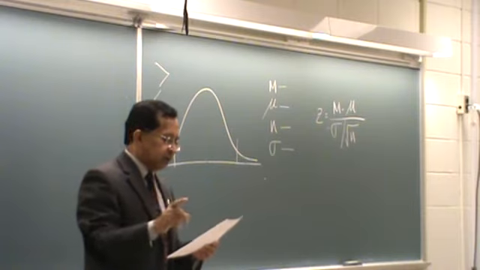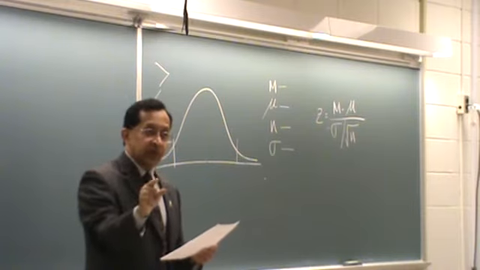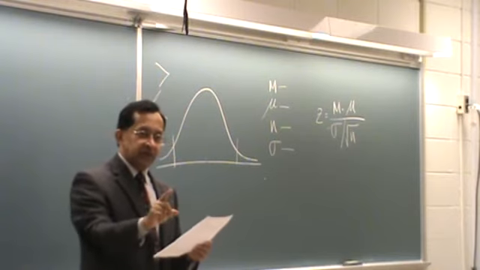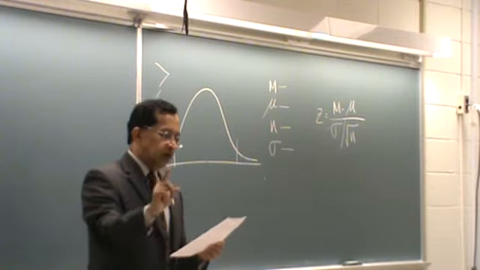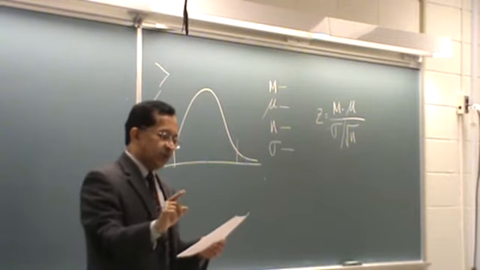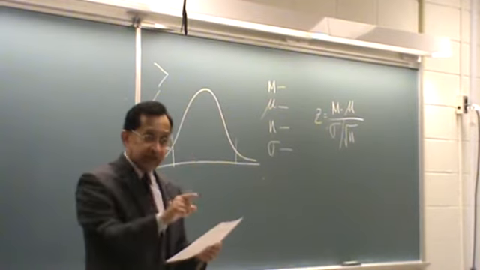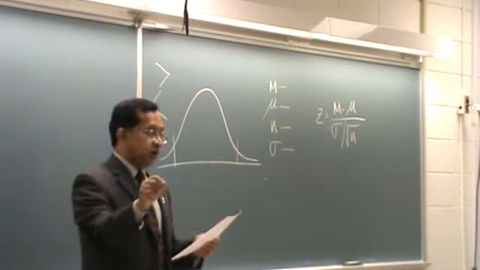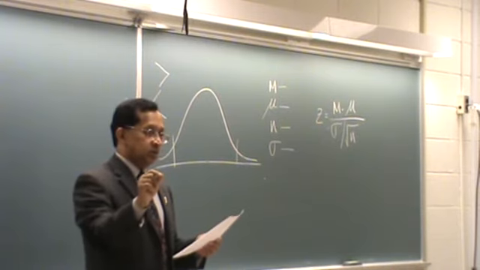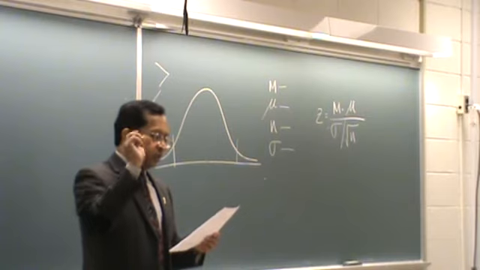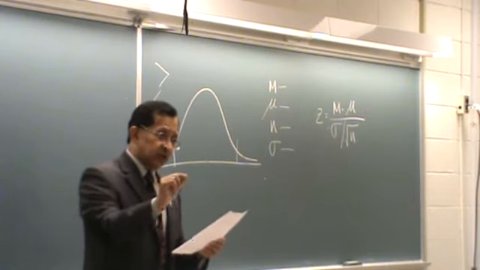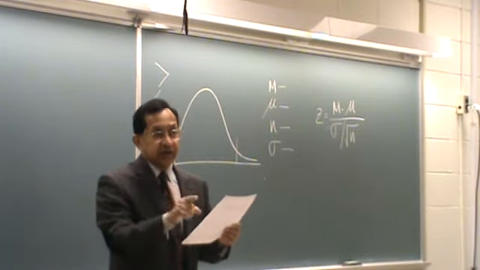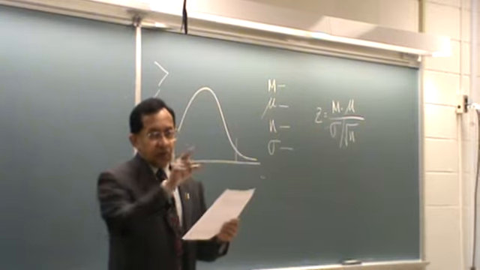So if you look at this information, your M, the sample mean, is much higher than the population mean, right? Sample mean is 1950, population mean 1800. Because of that, your alternate hypothesis will be mu greater than 1800. Are you guys confused at this stage? So your alternate hypothesis, or H sub 1, will be mu more than 1800.